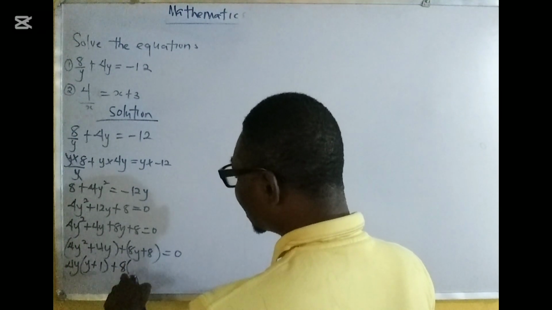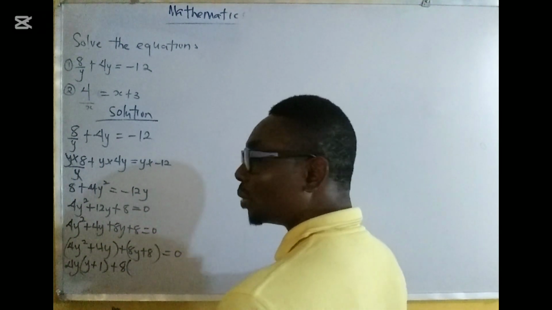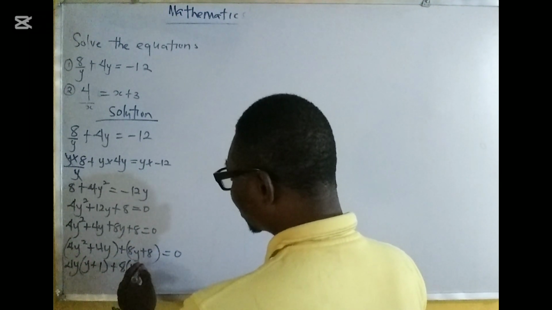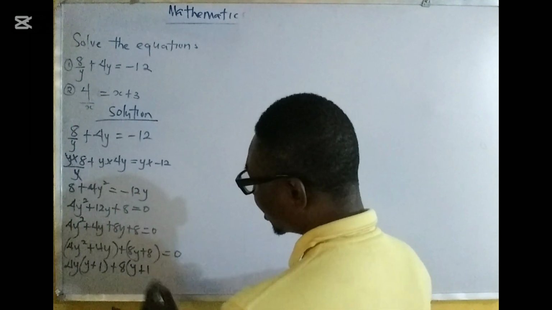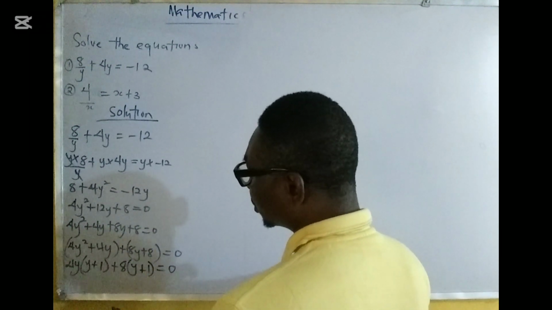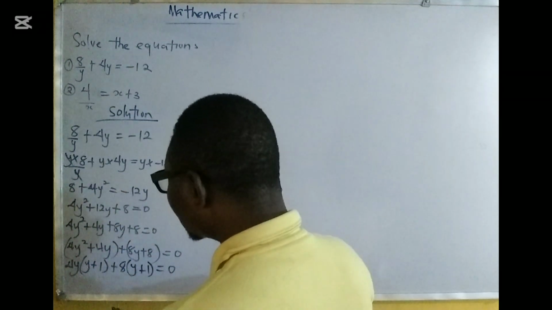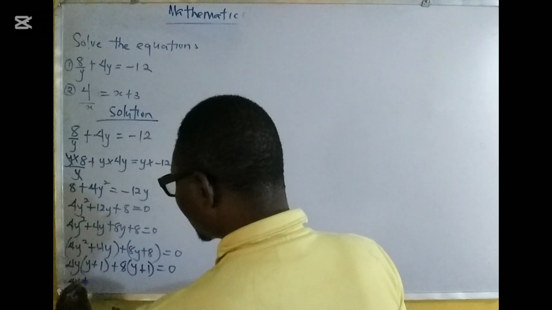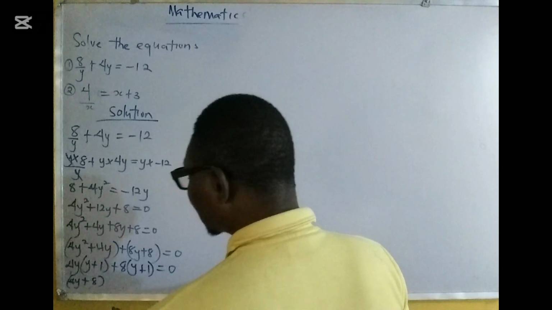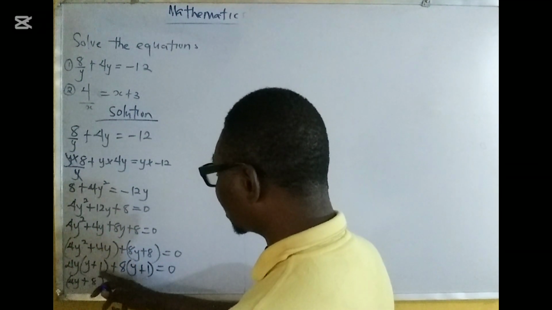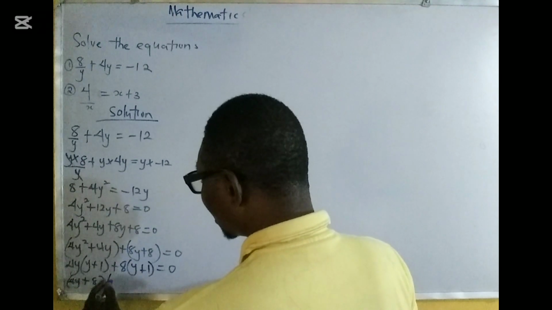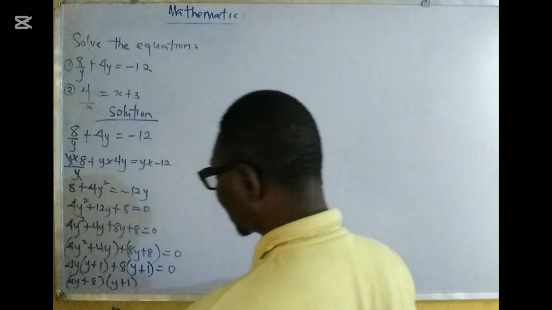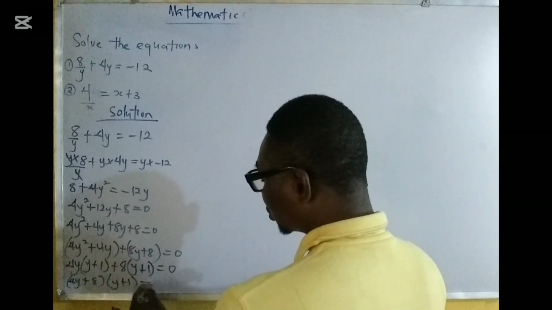Then that 8 will be used to divide 8y, which gives y, and 8 divided by 8 is 1. All equal to 0. Therefore, you write out the factors outside: 4y plus 8, putting it inside the bracket. Since y plus 1 is common, we are trying to factorize them: y plus 1, all equal to 0.